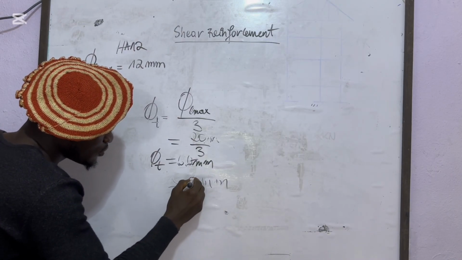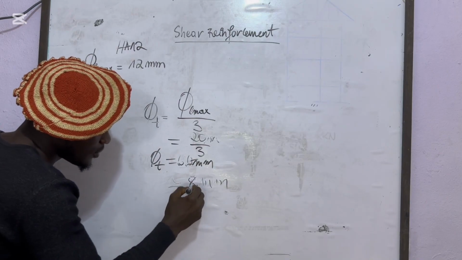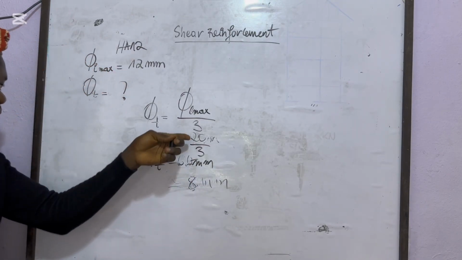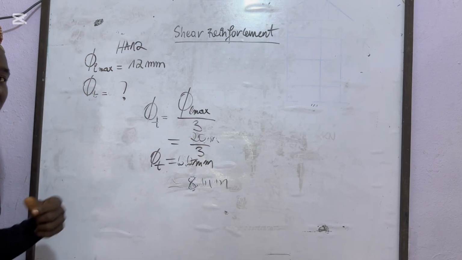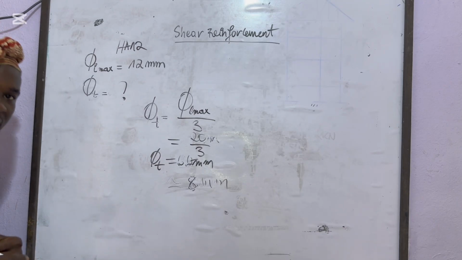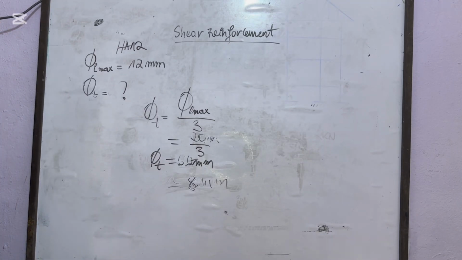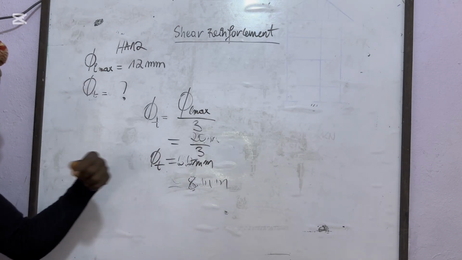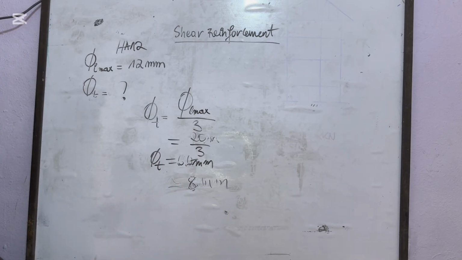So in this case, for a longitudinal reinforcement having 20 millimeter as maximum diameter, you will be working, for example, with an 8 millimeter diameter.